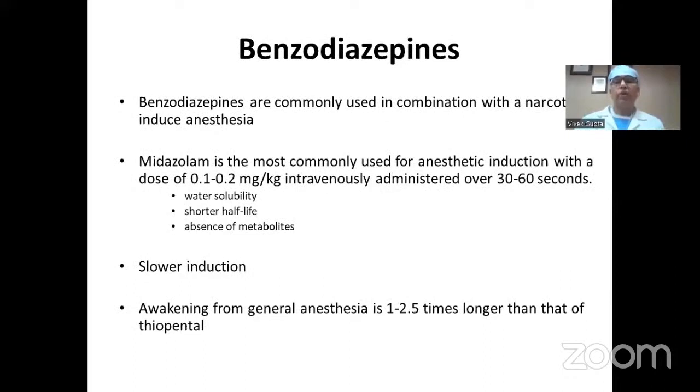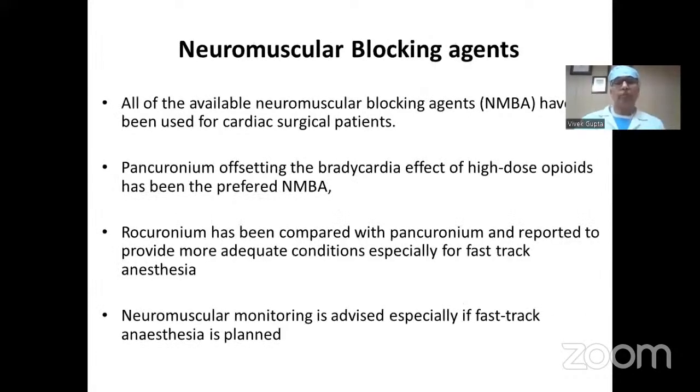The other drugs commonly used are the benzodiazepines. The most commonly used is midazolam, which is used as an induction agent in the dose of 0.12 to 0.2 milligrams per kilogram of body weight over 30 to 60 seconds. But it leads to a slower induction because it has a slower onset of action compared to the other induction agents, and it takes longer for awakening from the anesthesia.